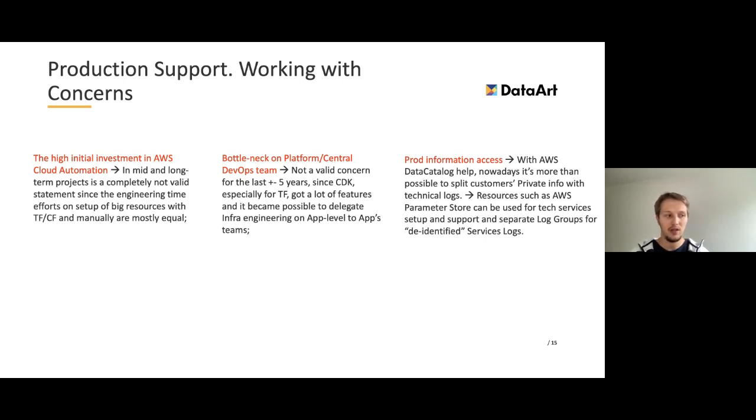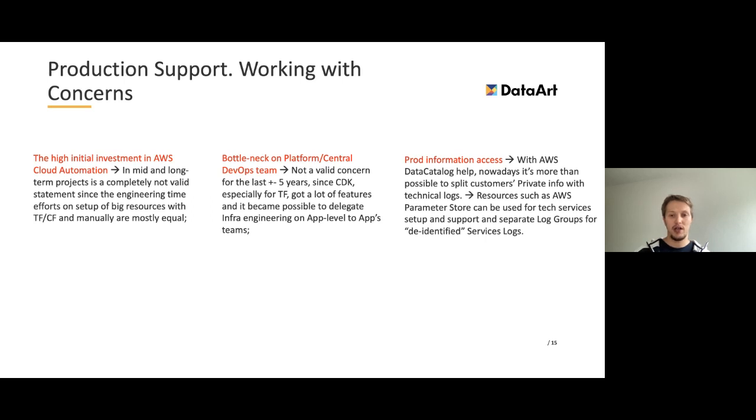And again, AWS made a lot of efforts and provides a lot of resources to solve this issue. Nowadays, with AWS Data Catalog's help, it's almost possible to split customers' private data, PII, or customer health data like PHI, from technical logs.